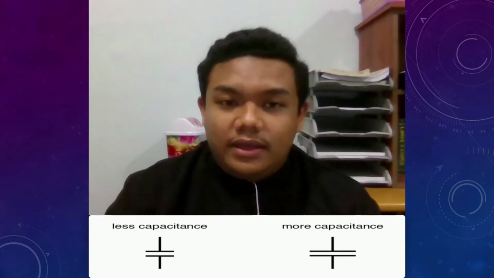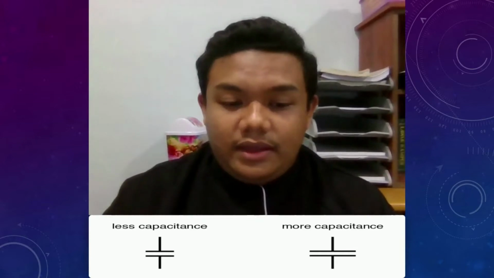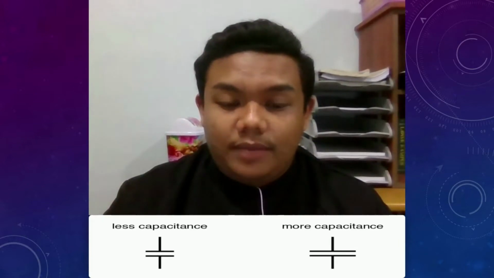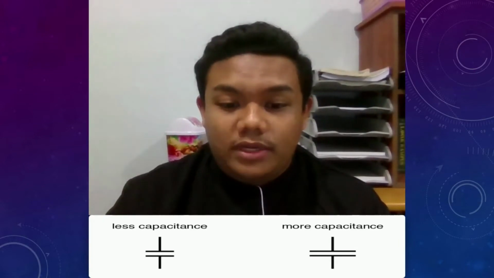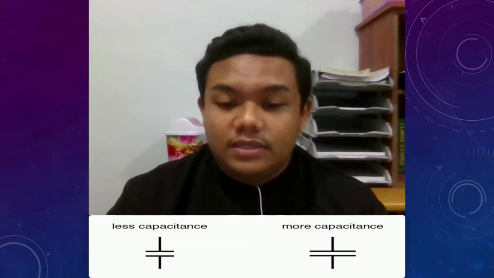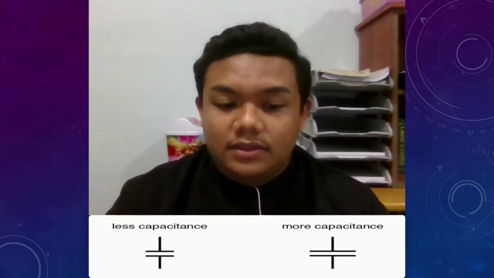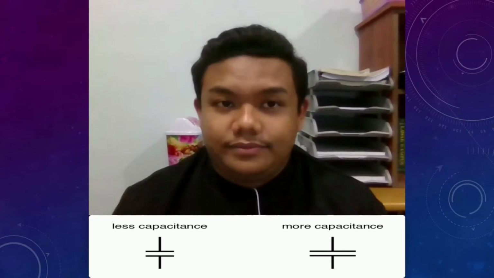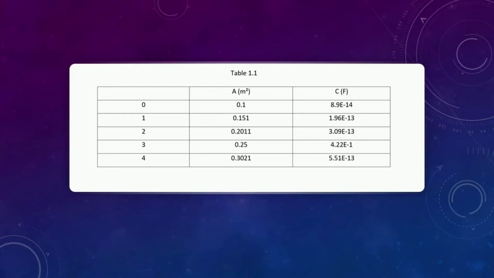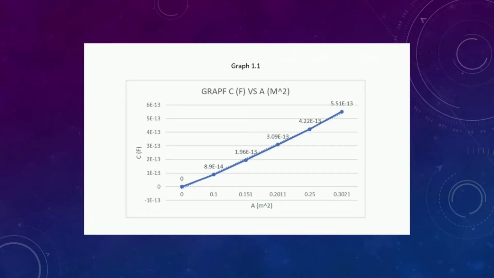And this is vice versa: when the area of the plate is smaller, it will give less field flux on a given force field. So for both data, the theory is proven to be correct.